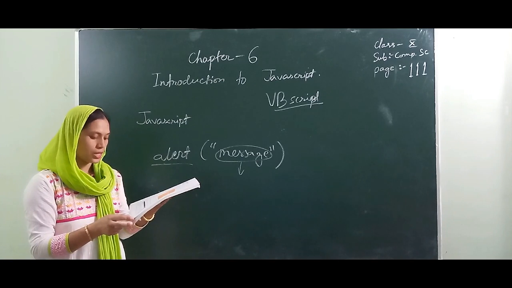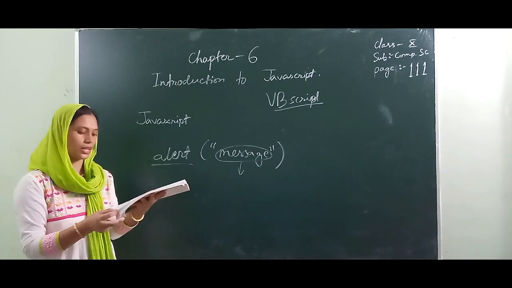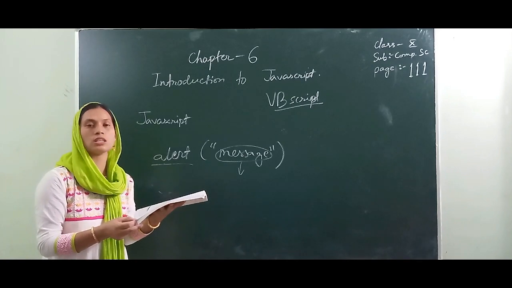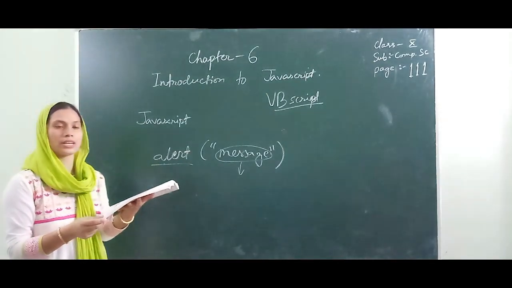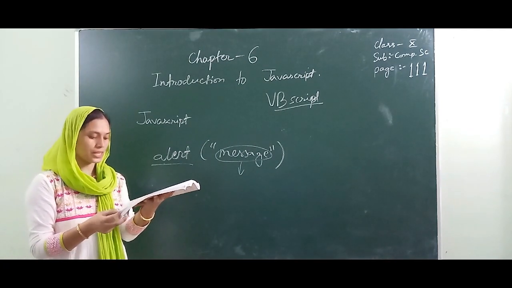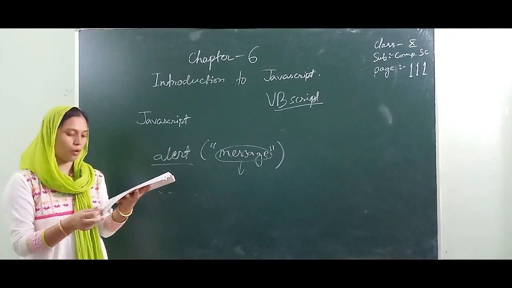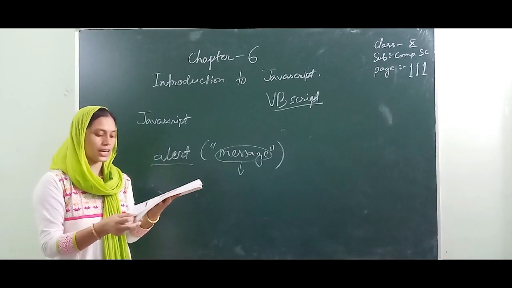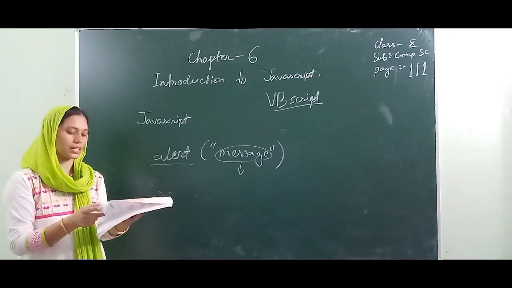In your book, cancel the language attribute, or you can cancel the type attribute. You can use only one, either the language or the type. After that you have an alert, and inside the alert statement, hello, good morning has been written. After that the script has been closed, then body and HTML have been closed.